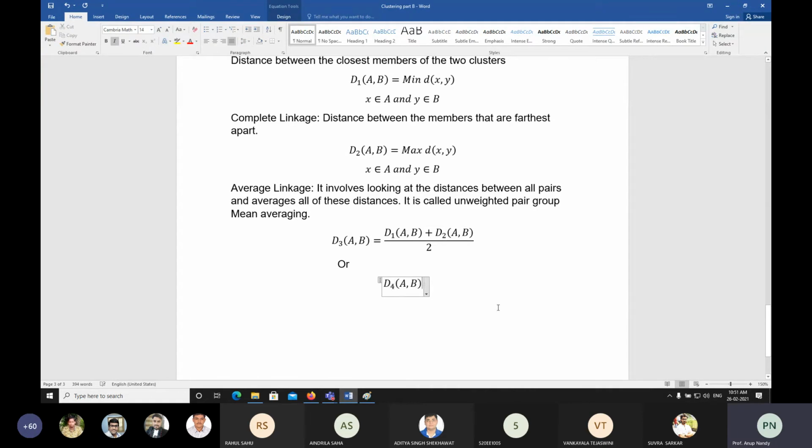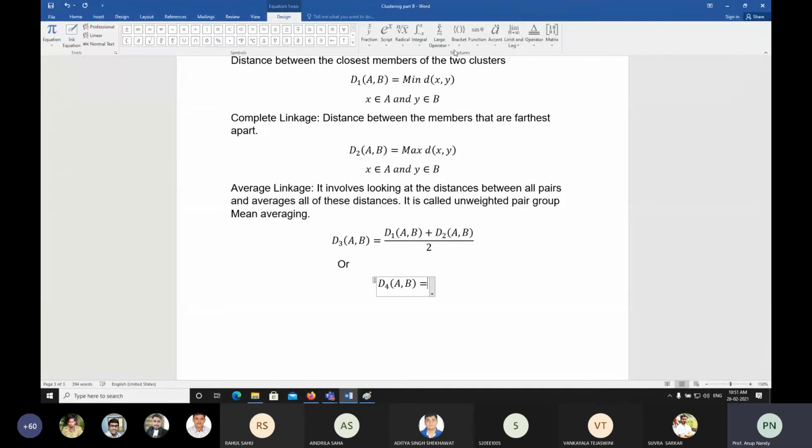There's another average distance, D4, that you can find out, equal to the summation over a in A, b in B of d(a,b), divided by the Euclidean norm of A into B.